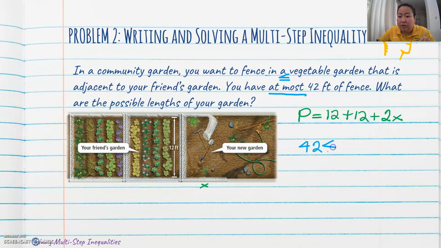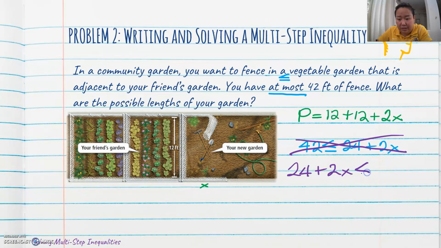It is less than or equal to 12 plus 12, that's going to be 24, plus 2x, okay? Oh, my bad, I'm sorry. 42 is higher than that. So I have to erase that part, sorry. I got this one wrong, my bad. So it should be 24 plus 2x, that's the perimeter. It should be less than or equal to 42 because that's the allowed fence for us.